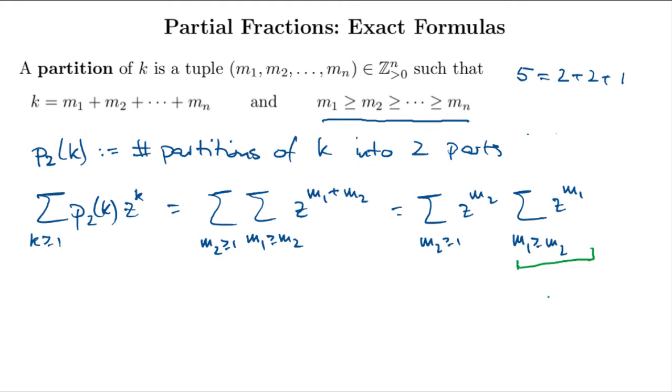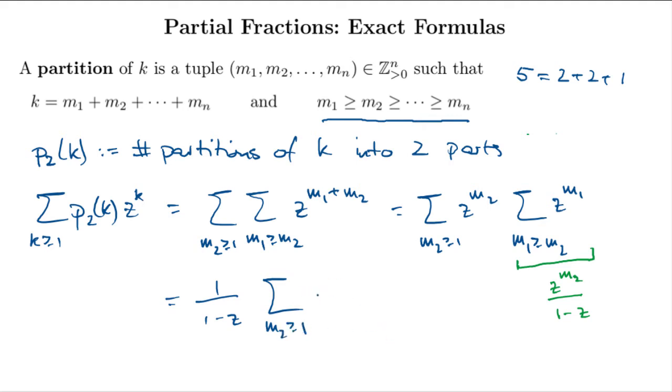So remember, m1 is the summation variable. So this is a geometric series that starts at m2. So we have z to the m2 over 1 minus z. And so now you can see what happens. There's a constant 1 over 1 minus z that comes out of the sum, and then what's left is my sum over m2.